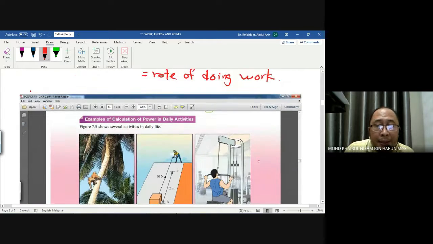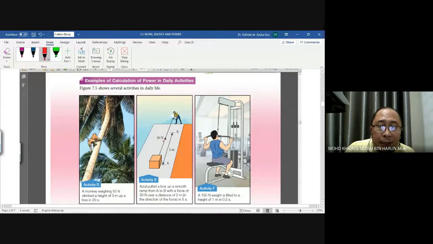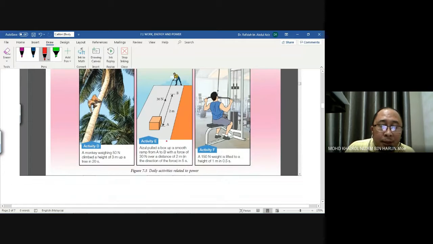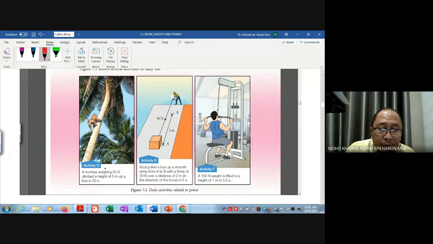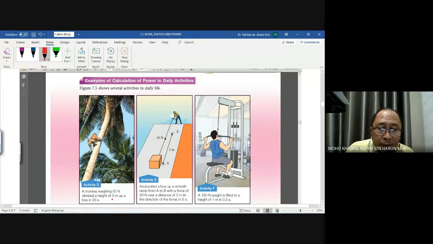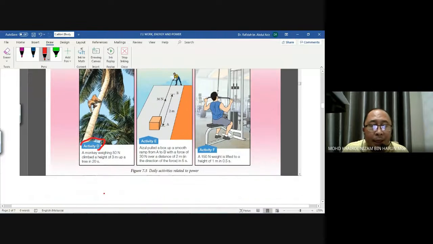Now we look into the example given, on how to calculate power. Look at this one, activity D. A monkey weighing 50 Newton climbs a height of 3 meter up a tree in 20 seconds.